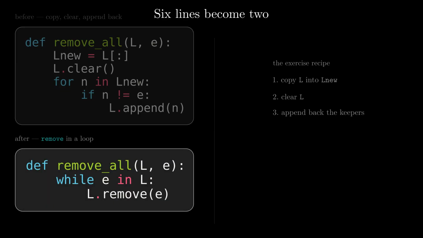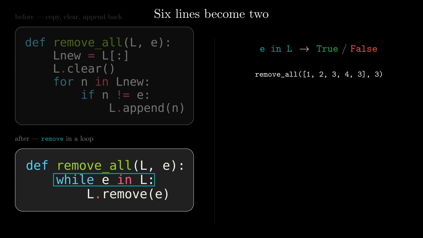So wrap it in a while loop: while E in L, call L.remove(E). The expression E in L evaluates to True or False depending on whether the value is still present. Each pass deletes one copy and shortens the list, so the test eventually goes false and the loop stops. If E was never in the list, the body never runs and L is left untouched.